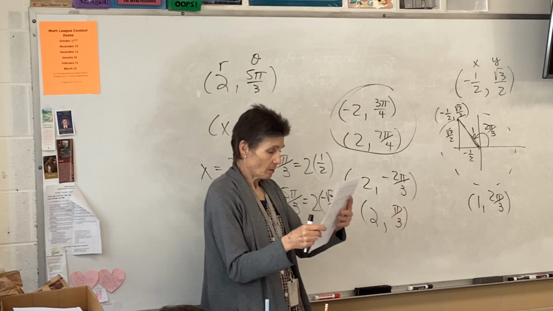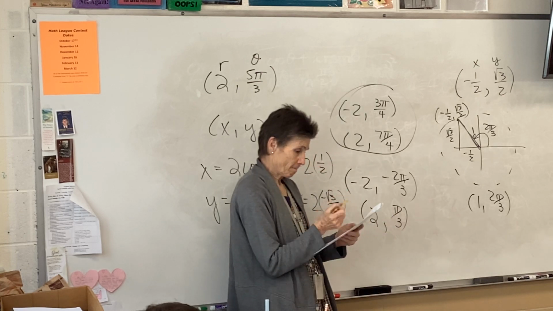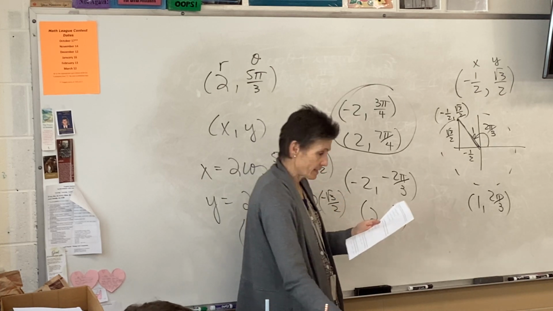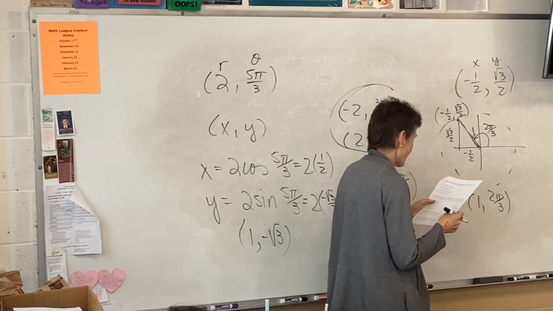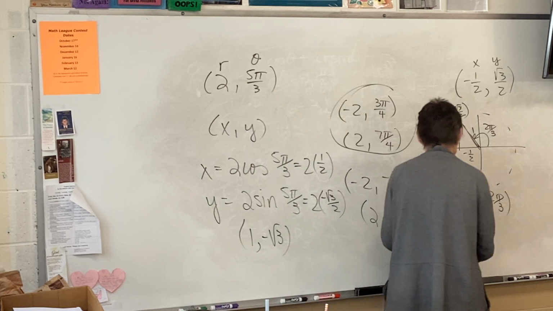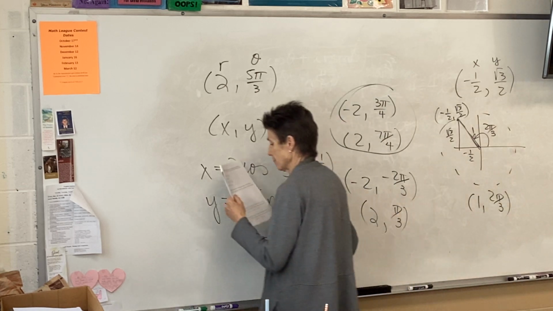Okay. I want to do one more. Let's do 18. I'm trying to do a little of everything here. A complex number is represented by a point in a complex plane. The complex number has these rectangular coordinates.